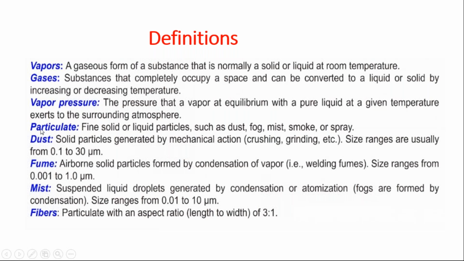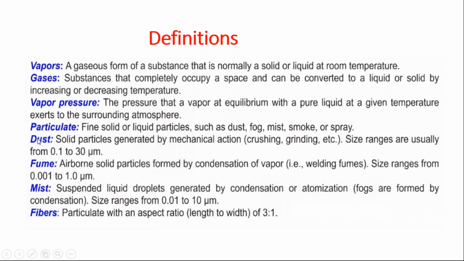And particulate. What do we mean by particulate? Particulate means fine solid particles or liquid particles, such as dust particles, fog particles, smoke particles. The particle may be solid, the particle may be liquid. Both types of fine particles are included in particulate.